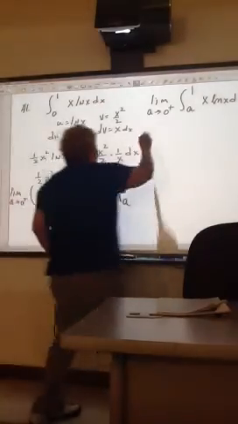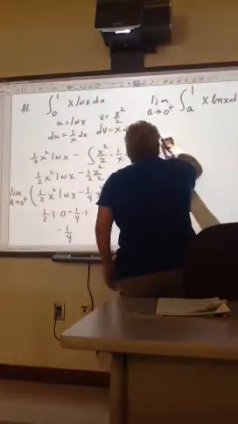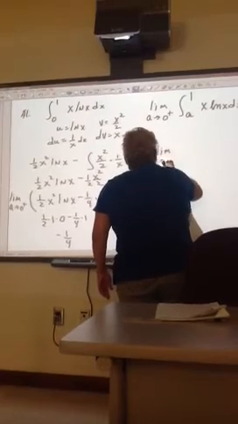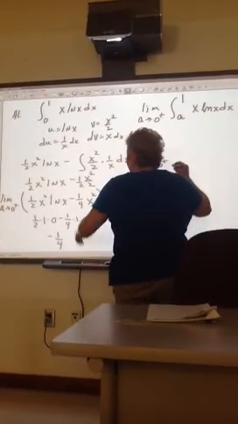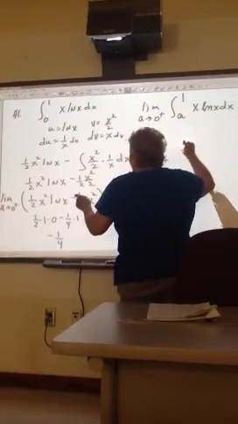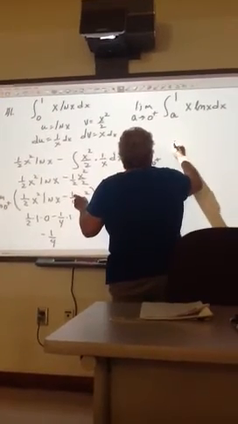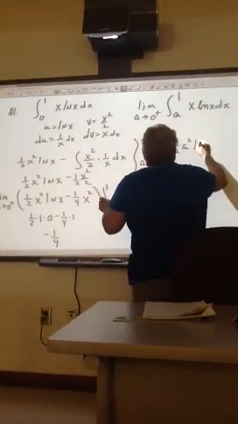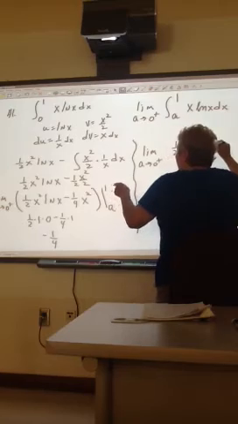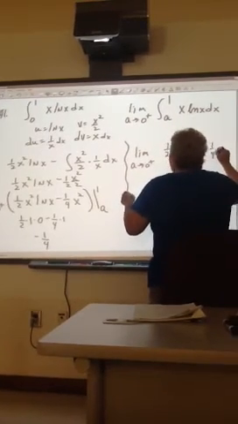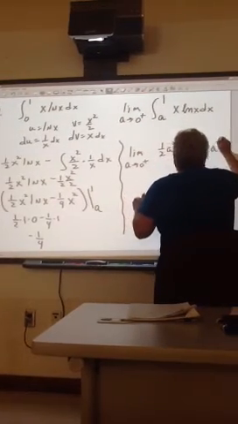The a part, we're taking the limit as a approaches 0 from the right now. So that's 1/2 a squared ln of a minus 1/4 a squared.